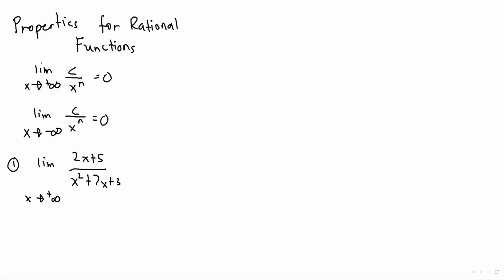If the limit of 2x plus 5 over x squared plus 7x plus 3 as x approaches positive infinity, we can say that it is equal to 0.